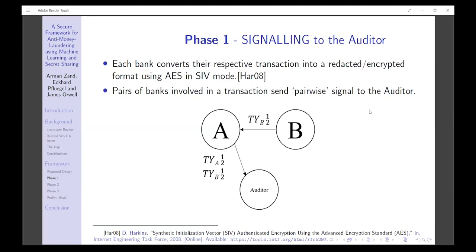The terminology in this diagram is that T stands for an encrypted transaction from bank B. So it's bank A and B that are involved here. The superscript and the subscript are the bank account numbers, bank 1 to bank 2. So money is being sent from bank 1 to bank 2. And since there are two banks involved, bank A and B, they'll both encrypt their version of the transaction with their own key, and they'll send both of them together to the auditor.